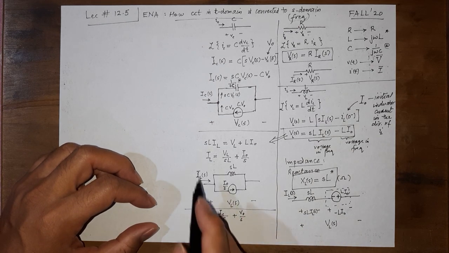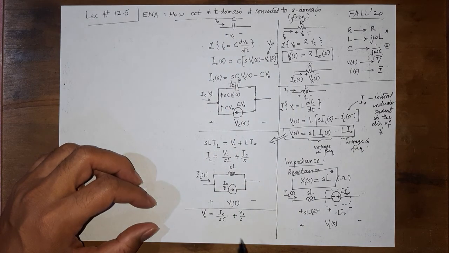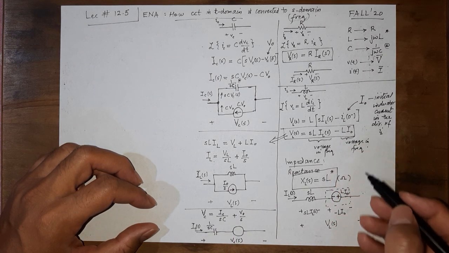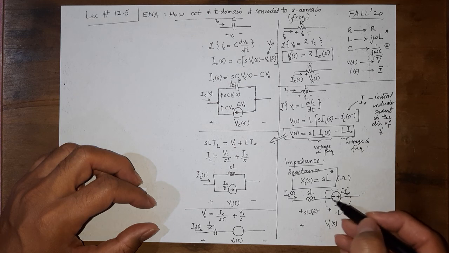So we can also represent the capacitor by the capacitor with the reactance or impedance 1 over SC. The current through it would be IC of S. The voltage across the whole thing is VC of S. And here we have a voltage source, but here we had a minus sign, so the voltage source had this polarity.